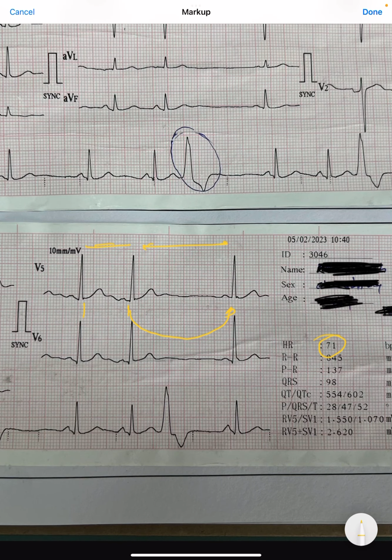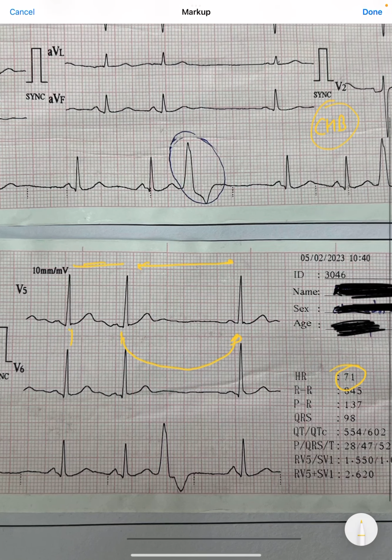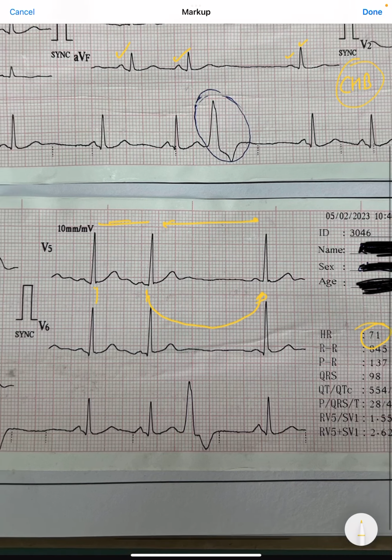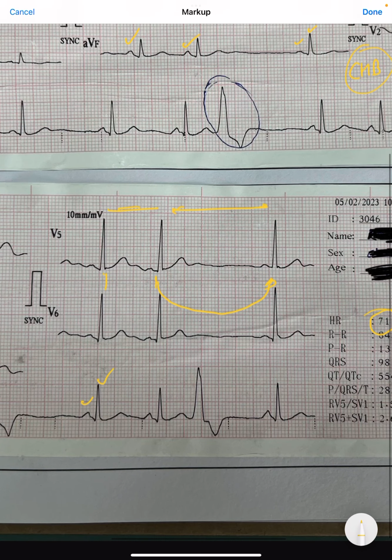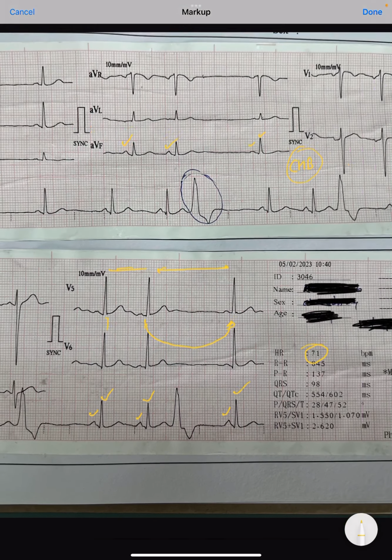Here, the heart rate is around 70, and there should be atrioventricular dissociation to call it complete heart block, meaning there should not be any relation between atria and ventricle. Here, each and every P wave is followed by QRS. Each P is followed by QRS. It means this is not complete heart block.